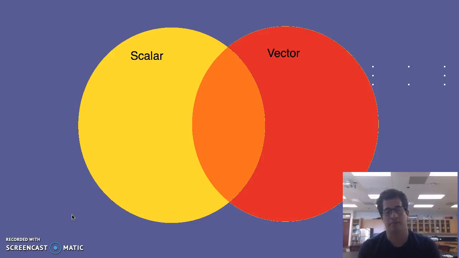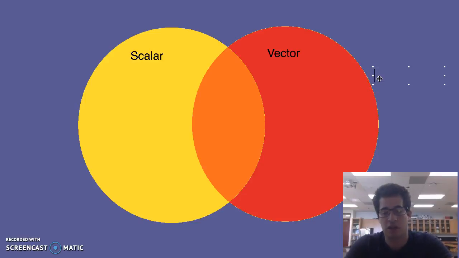And we're going to get a very simple definition of these things today. And probably in a couple chapters, we'll go back into it and get a little bit deeper of a definition. But for now, we're just going to talk about the things that matter for what we're talking about in this chapter. So a vector and a scalar are two different types of quantities.